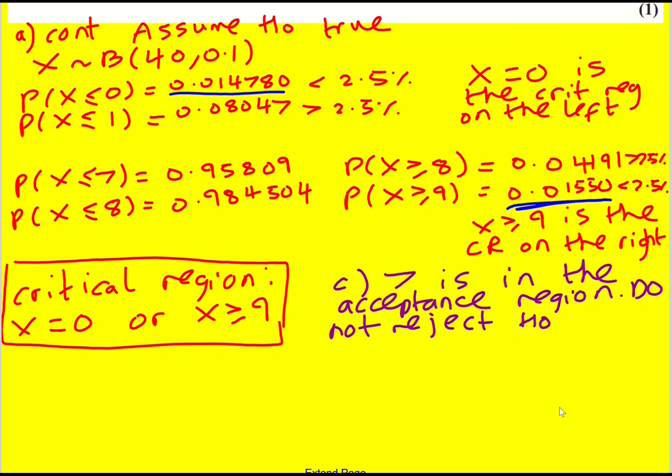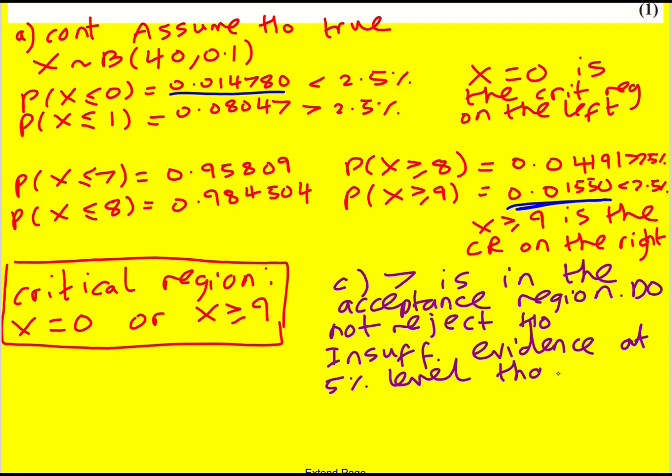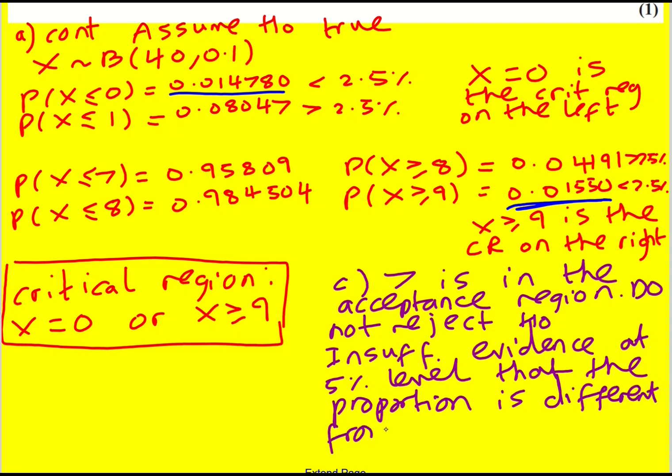So do not reject H naught, insufficient evidence at the 5% level that the proportion is different from 10%. Well done.